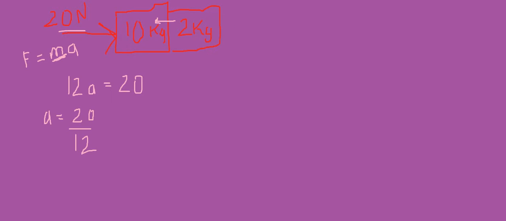And let's just draw the free body diagram of this 10 kilogram object, since we're asked to find out how much force this 2 kilogram object is pushing on the 10 kilogram object. If this dot represents the 10 kilogram object, the force acting on it from the 2 kilogram object is pushing with a force of x.